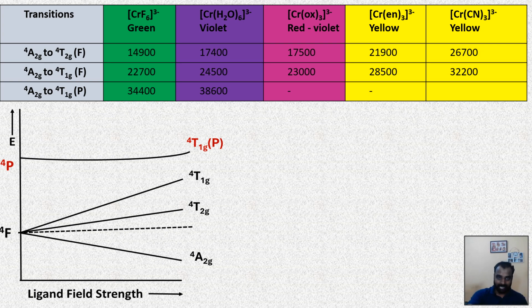Here we have another example for a D3 electronic system, that is the chromium 3 plus electronic state.